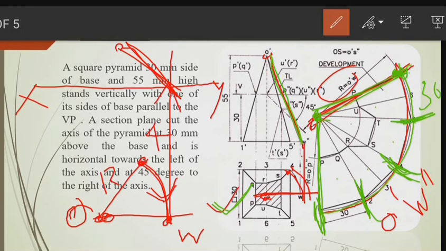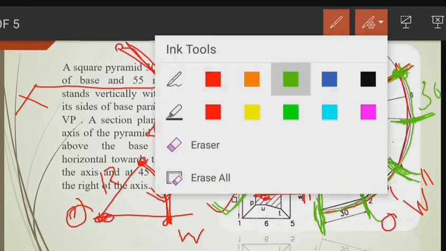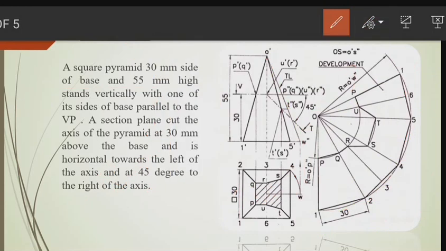Now the second thing is inside. Okay, in here you can see that you just draw a point here, P dash and Q dash. So we have to take the length from here, from this line only we will take the length. So P double dash, we will take exactly this same length, P double dash.